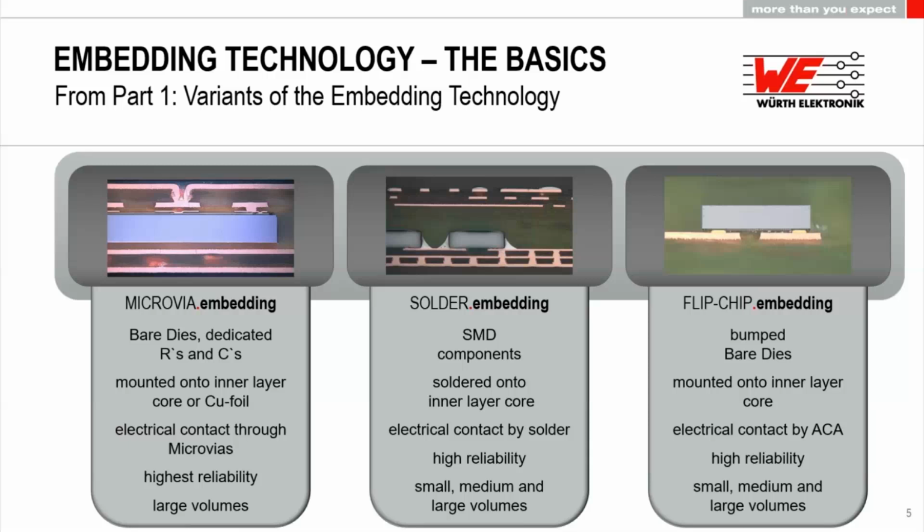And the third technology is the flip chip technology, where we use bumped bare dies and flip chip mount them onto inner layer cores by the usage of an ACA adhesive. If you want to have more details about these technologies, please go back to part 1 of the webinar in our archive and have a look on these technologies in detail.